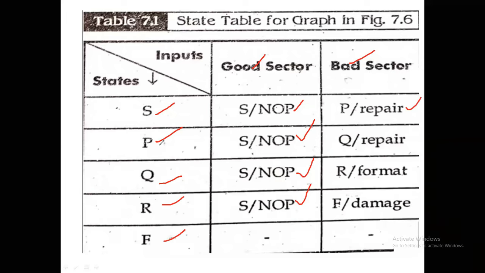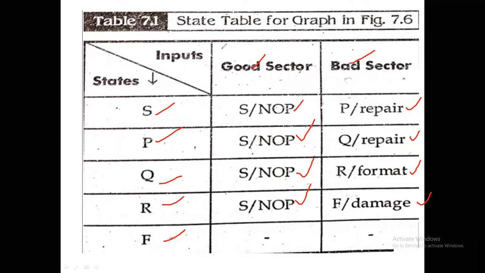Similarly, if it is P and a bad sector, repair and change the state from P to Q. If it is Q and a bad sector, do the format and change the state from Q to R. And R means bad sector, it's a damage, and F means format.